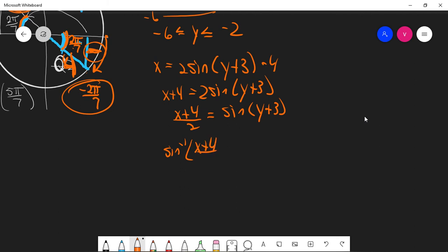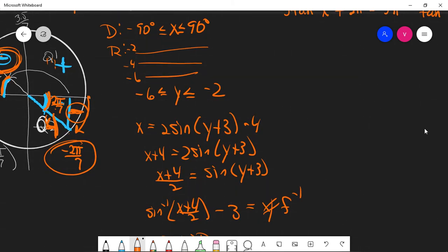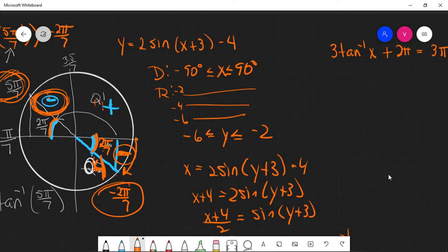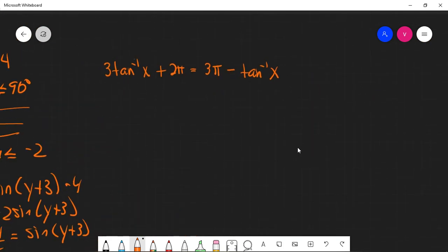X plus 4 over 2, and then minus the 3. That will give you the y, which is actually the inverse. And then you switch the domain and the range from the original. Don't want to take too long with that one. Again, you can pause at any place along here or rewind or whatever.